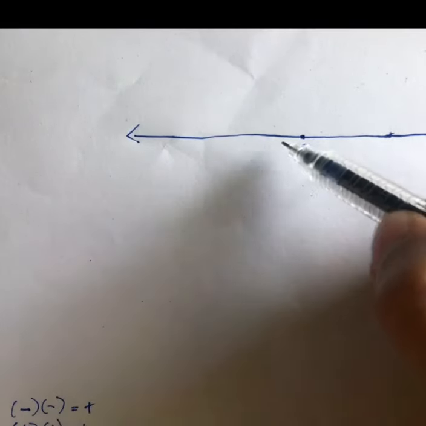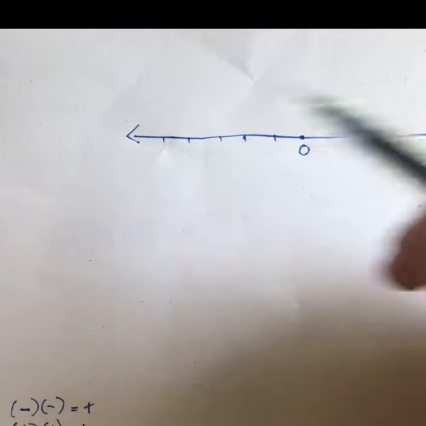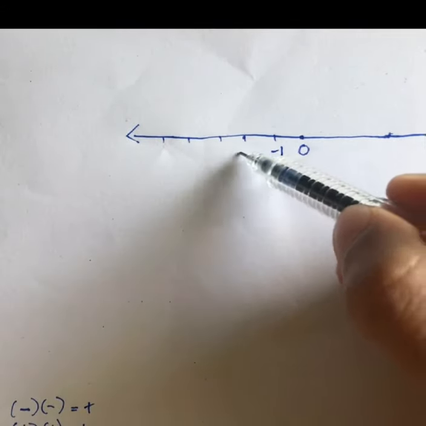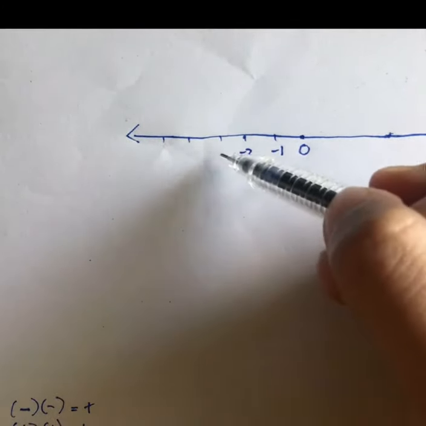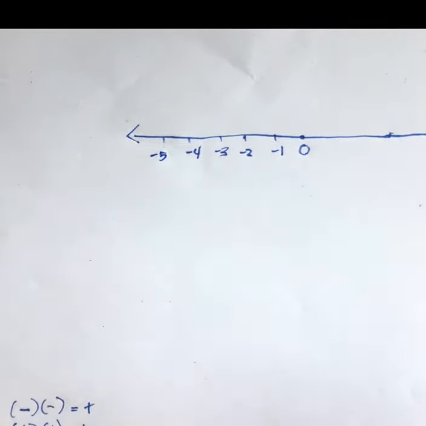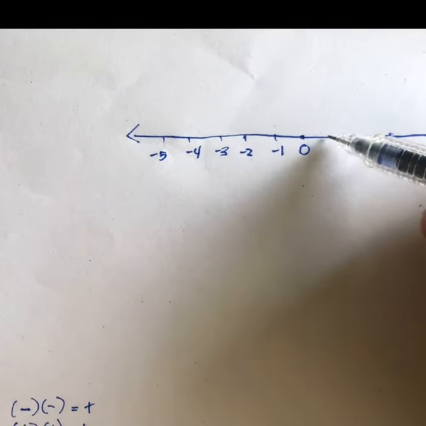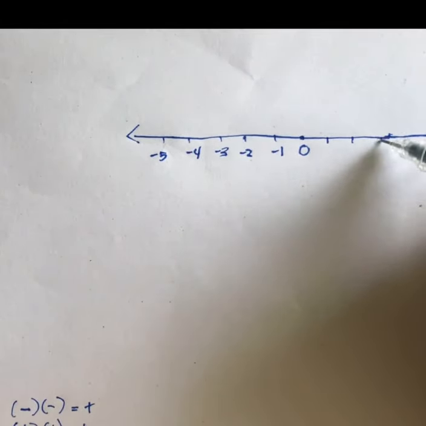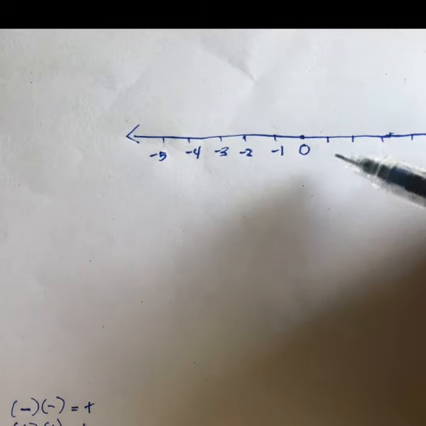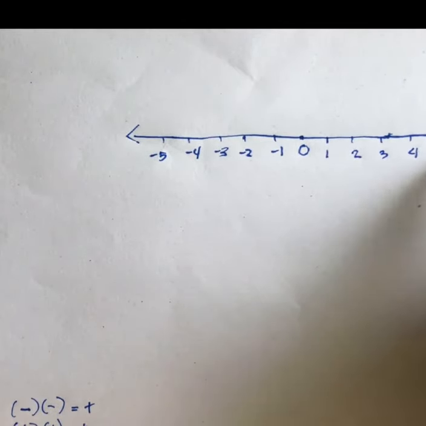On the left side, we have the negative sign. So, we could have here negative 1, negative 2, negative 3, negative 4, and negative 5. So, on the right side, we have the positive signs. This is 1, 2, 3, 4, and 5.